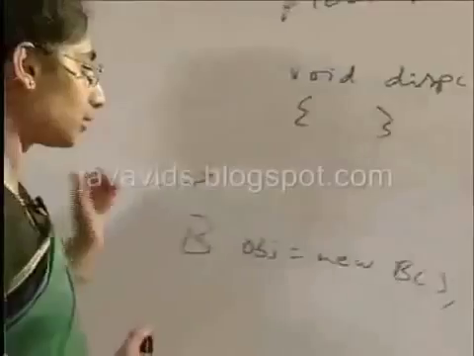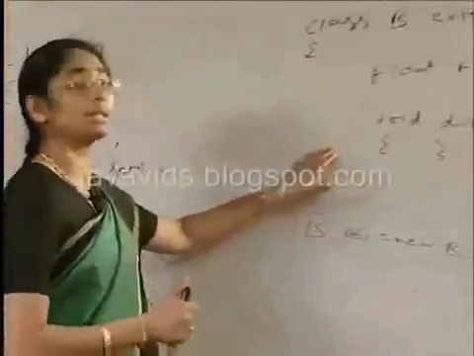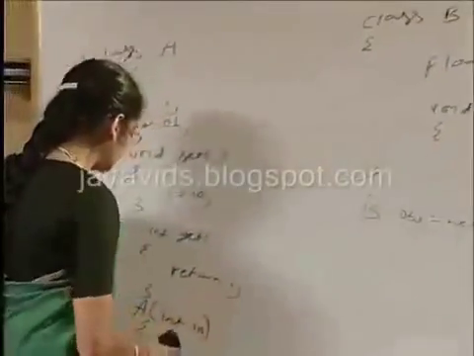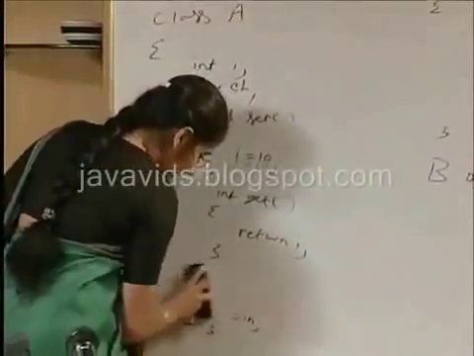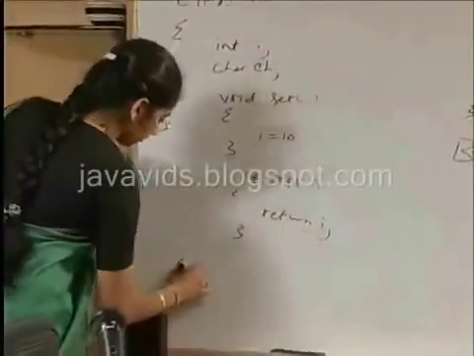Now what happens here is, since we have a default constructor in class B, and let's assume that we have not written any constructor in class A as well, which means for both the classes we have a default constructor.